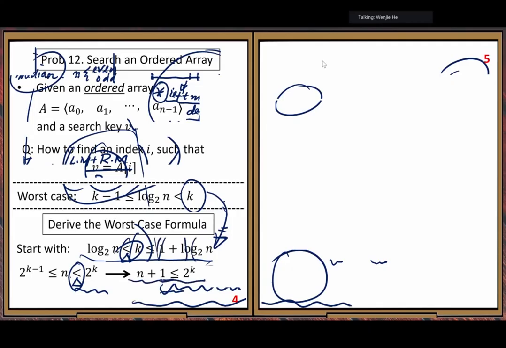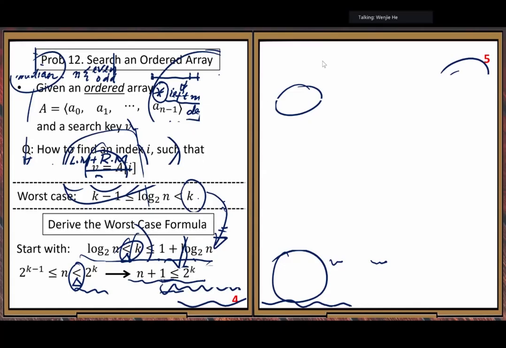If n is strictly less than 2 to the k, then n plus 1 should be less than or equal to 2 to the k, right? That's the way we improve it, plus 1. Because n is an integer strictly less than 2 to the k, n plus 1 has a chance to be equal to 2 to the k.